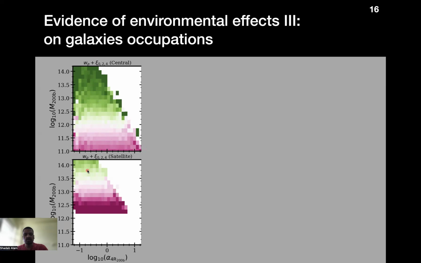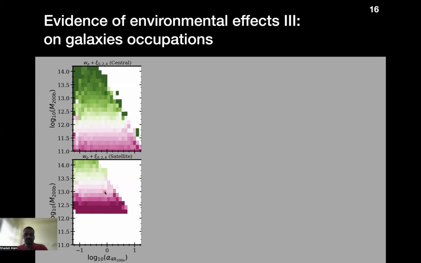Also, for each halo, you can have a number of satellite galaxies. How many satellite galaxies you're going to have for this sample is a function of host halo mass only and doesn't depend on the tidal anisotropy.